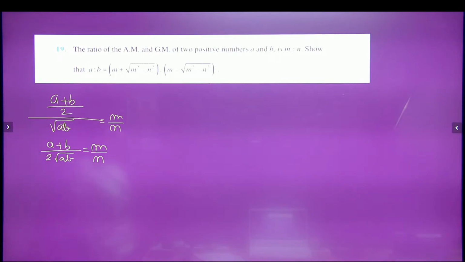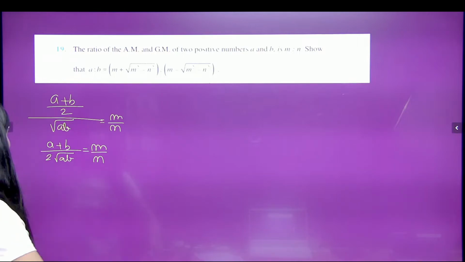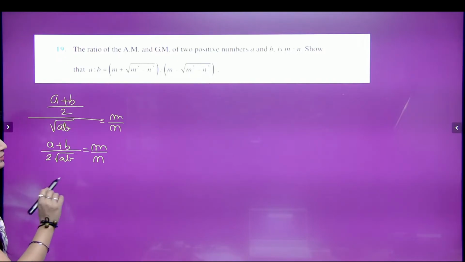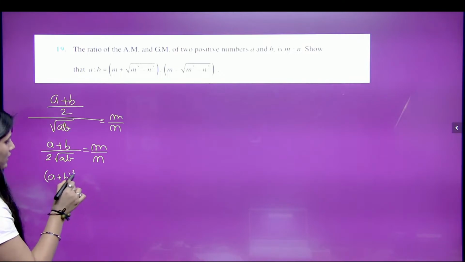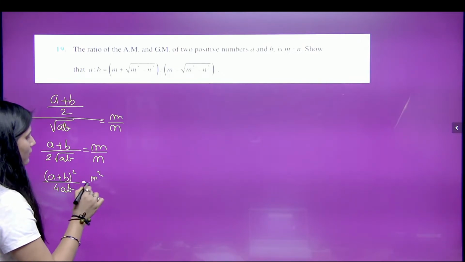Now A plus B by 2 root AB is equal to M by N. Now I need to prove that A is to B is something, so simply I need to find the value of A and B. Let's suppose that I am squaring it. So A plus B whole square by 4AB is equal to M square by N square.